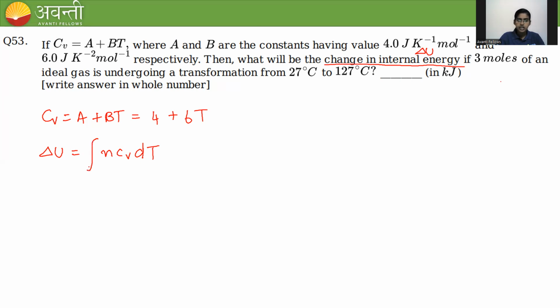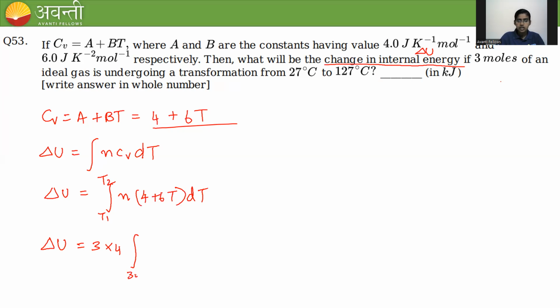Now on integrating this equation, let me substitute the value of Cv. Integration of n into the Cv value, which is 4 plus 6T, into dT, with limits T1 to T2. Now delta U is equal to 3 into 4.